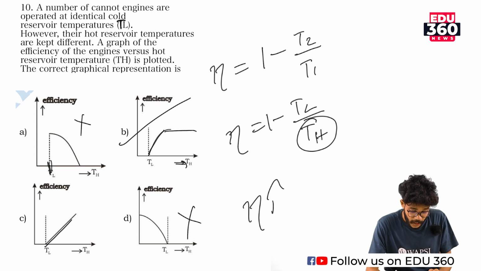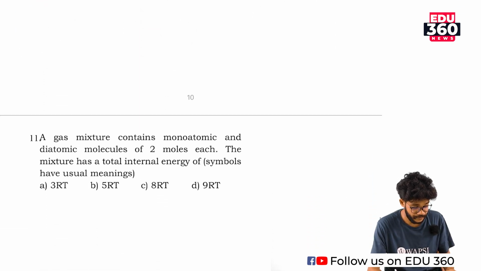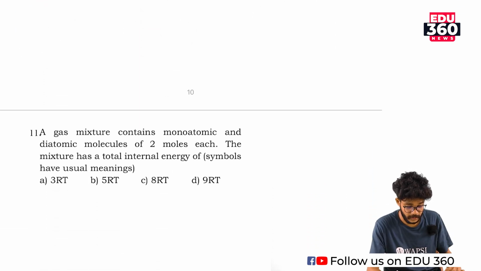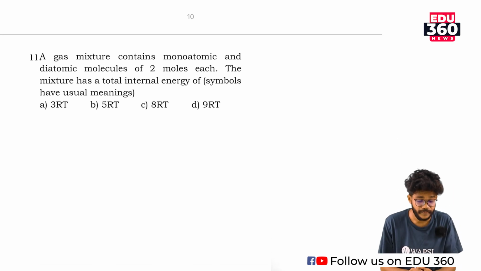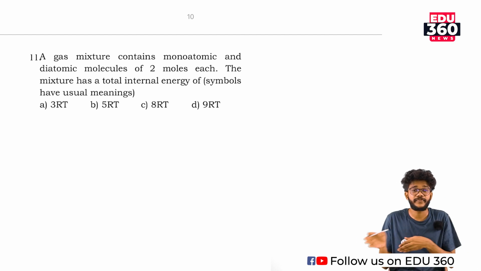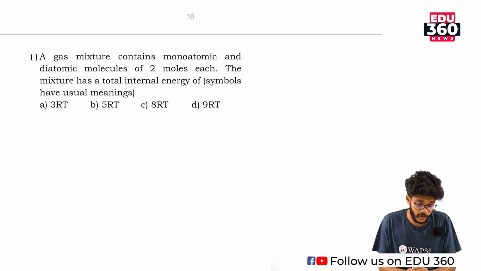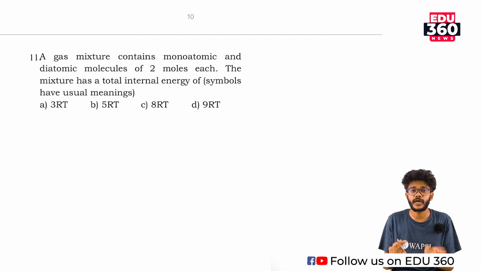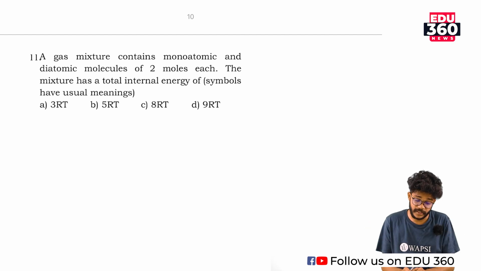Okay, so we can move to the next question, the 11th question. A gas mixture contains monoatomic and diatomic gases, that means gases with different specific heat capacities are mixed. Molecules of 2 moles each, both are 2 moles, so n is equal to 2.